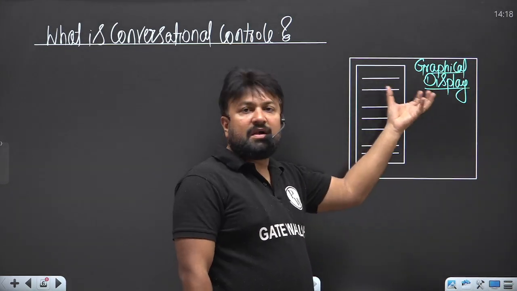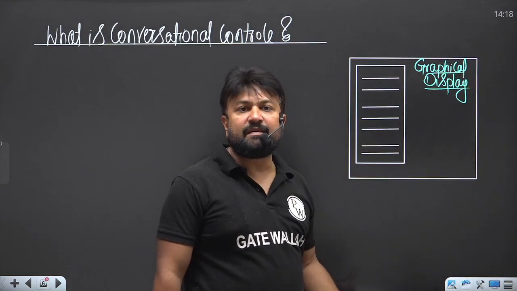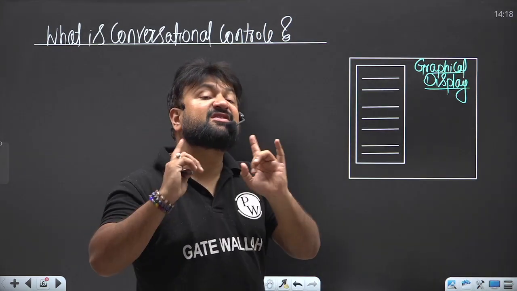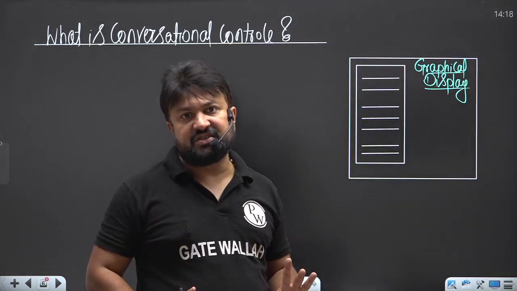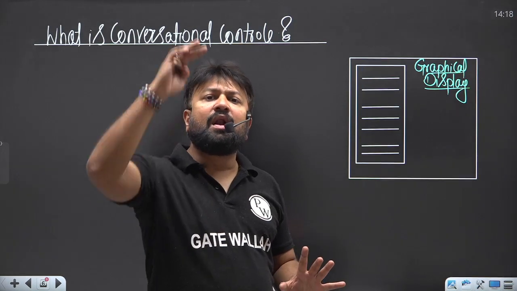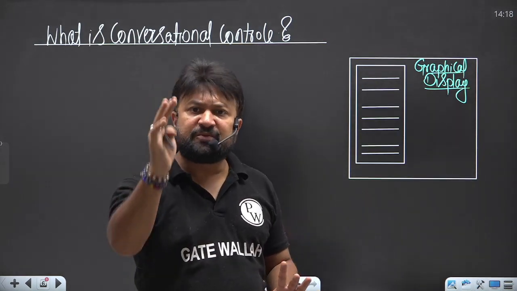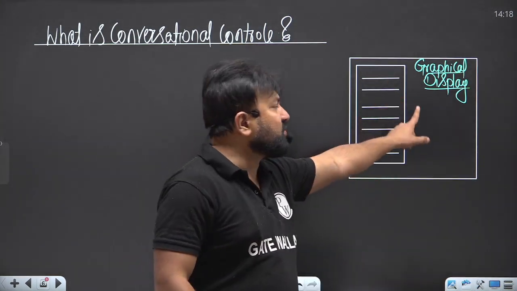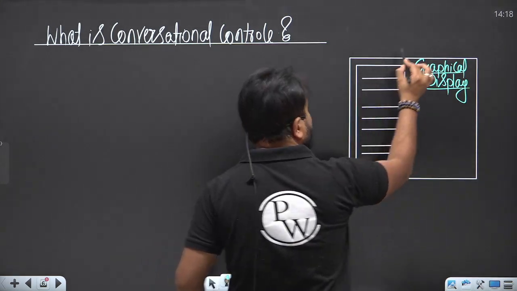You can see all the movement of the tool on a screen. This function is only available in CNC machine. CNC machine tool builders offer an option that is known as conversational control. This is the conversational control which I am talking about.